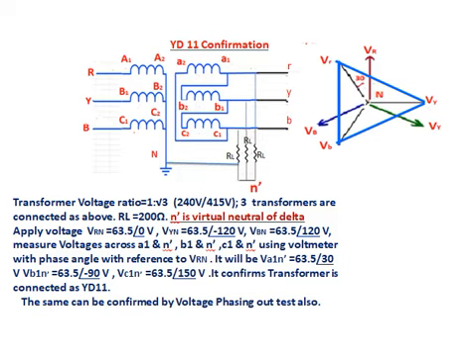The same can be confirmed by the voltage phasing out test. We already explained about the voltage phasing out test in some other video. YD11 means VRN of LV is leading VRN of HV. Here we formed the virtual neutral and completed the test.